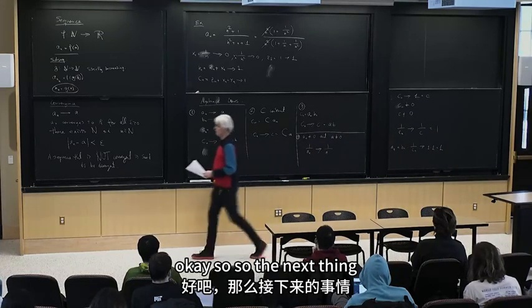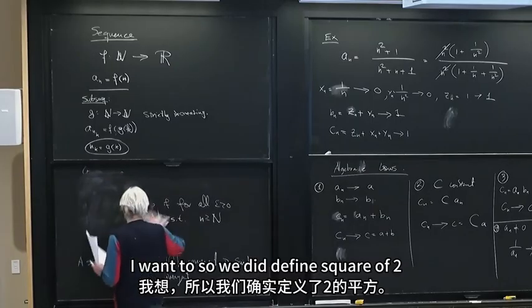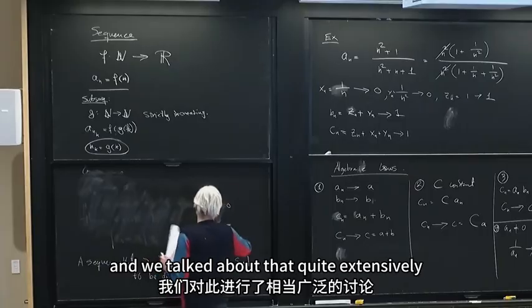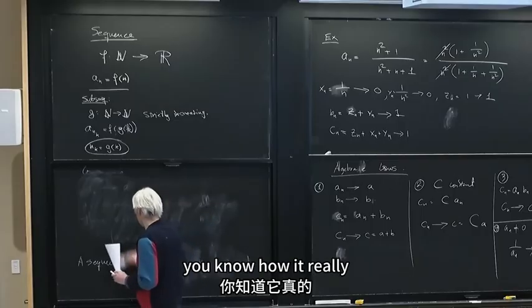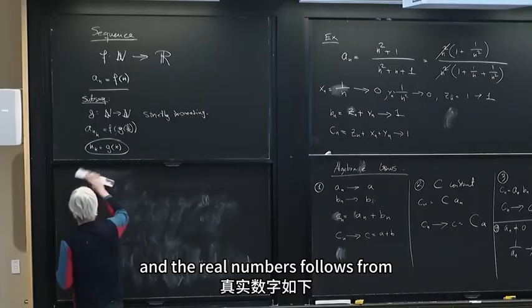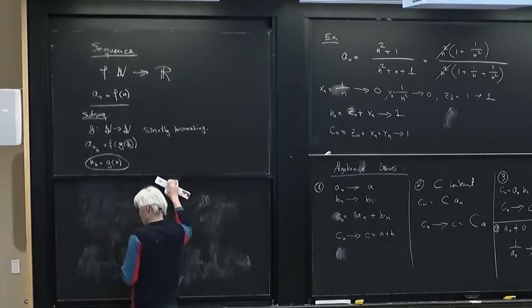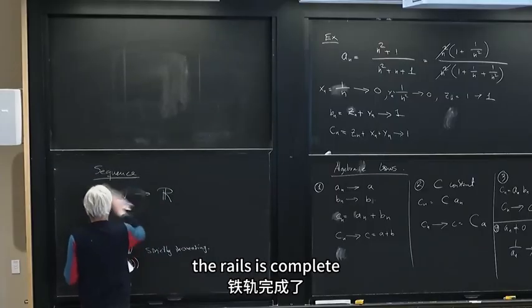So we did define square root of 2, and we talked about that quite extensively, how square root of 2 really was defined, and it was a real number, and that follows from the fact that the field, the reals, is complete.